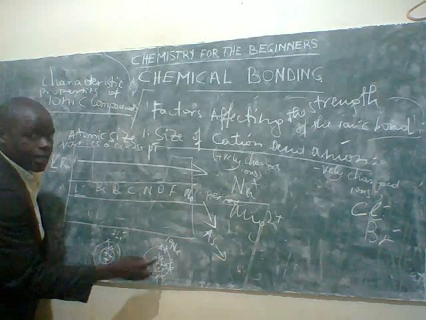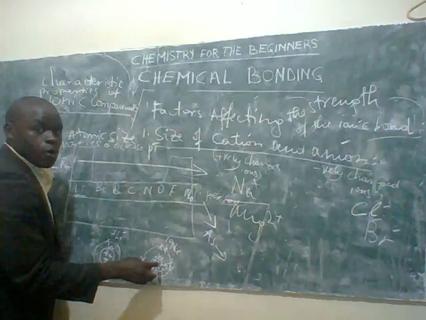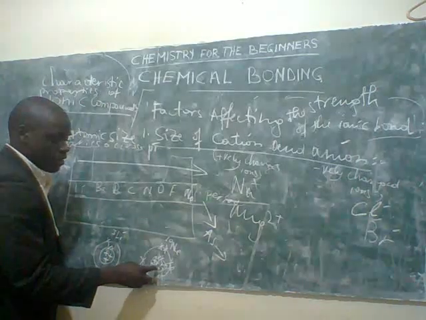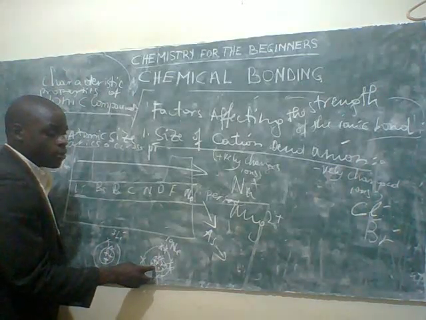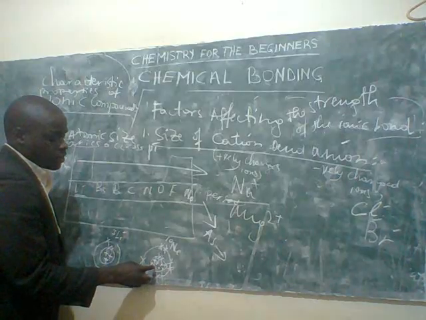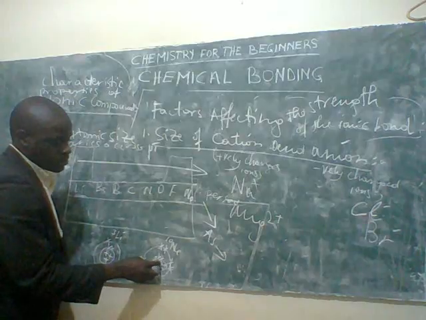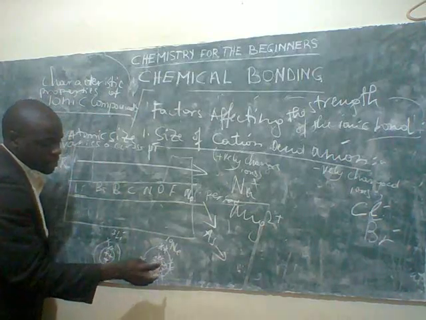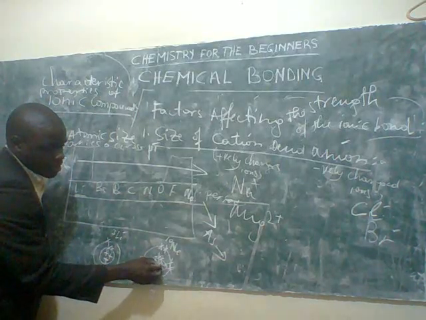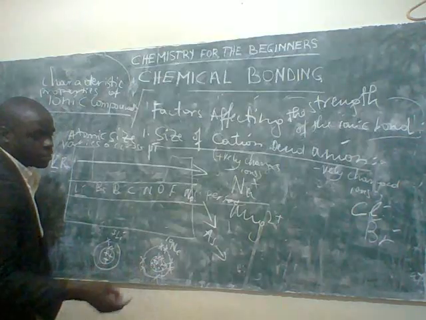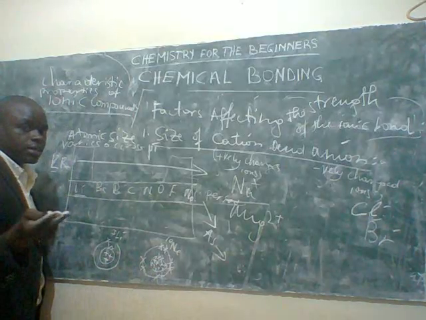The positivity of this, there are 3. Here, there are 10. Remember that all the mass of the atom is held by the nucleus, which is the addition of protons and neutrons.